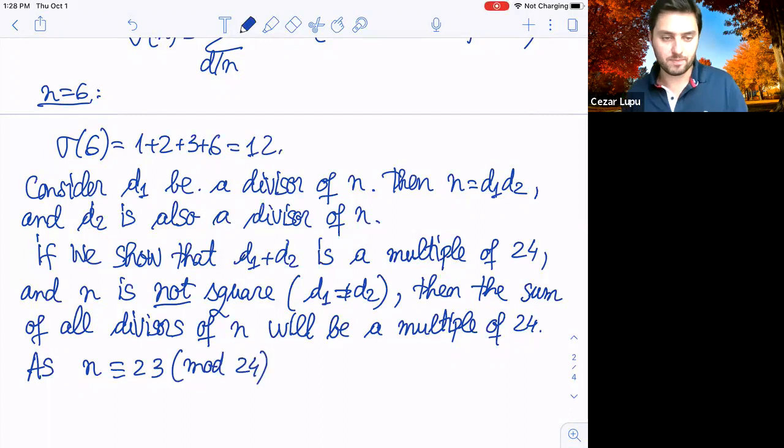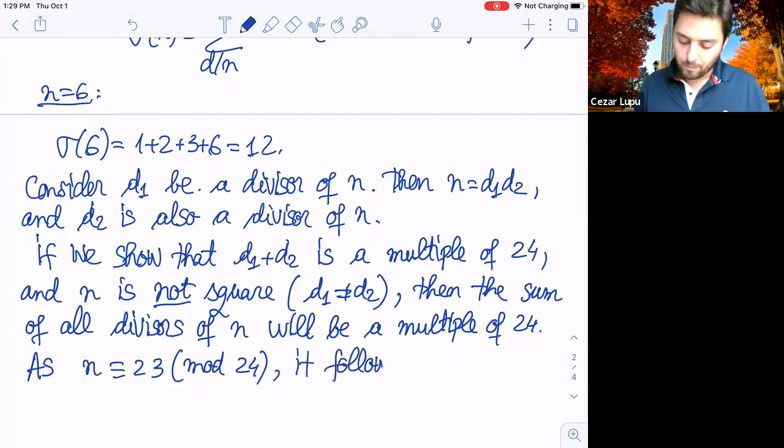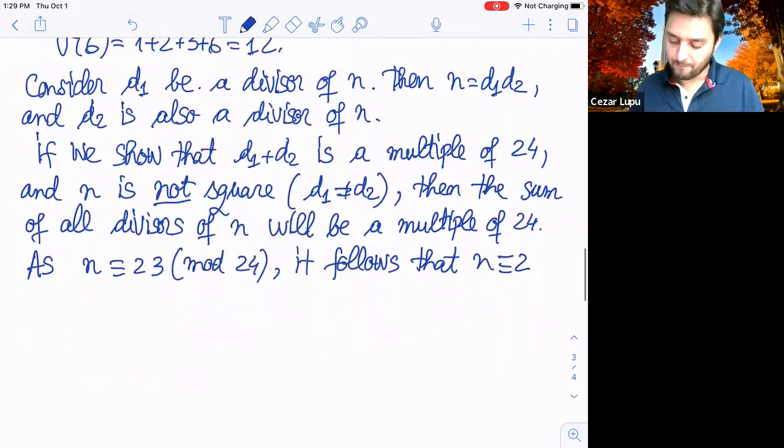So we're given this. It follows that n is congruent with 2 mod 3.